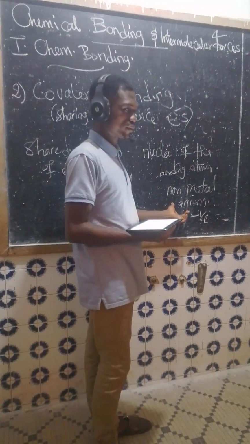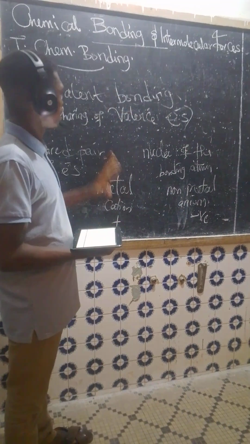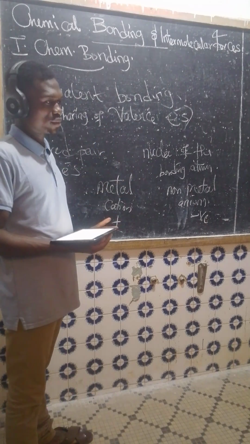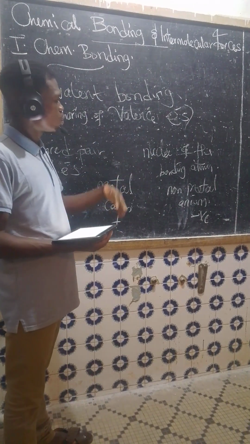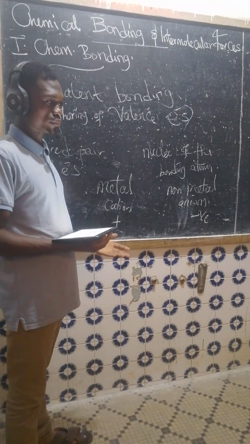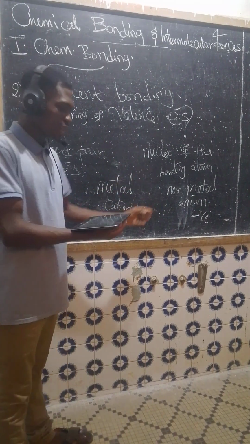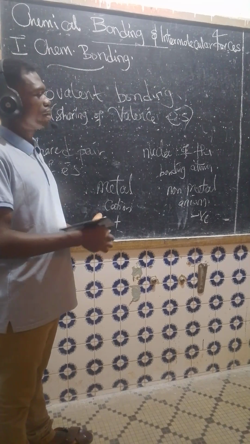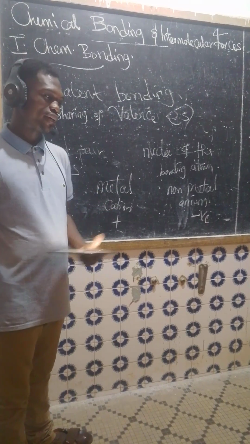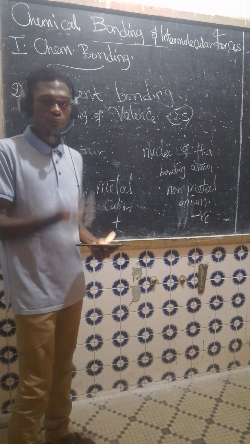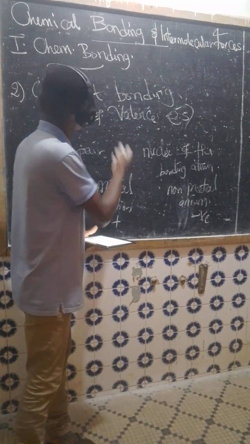Between two non-metals. So if you want to know the type of bond existing between two elements, two atoms, two compounds or molecules, what you should do is ask: are they metals or non-metals? If one is a metal and another is a non-metal, it's ionic. Clear, no doubt. And if the two of them are non-metals, then it's covalent.